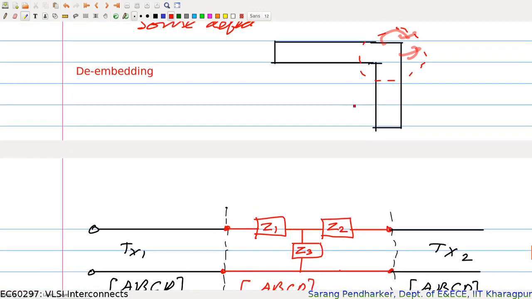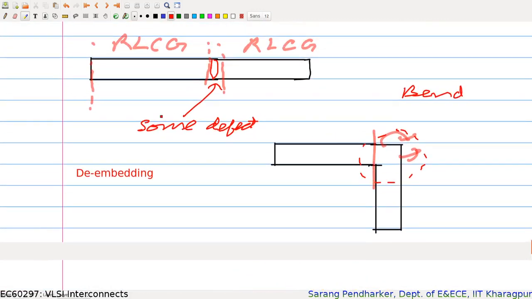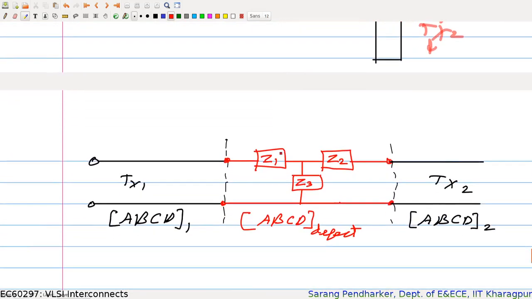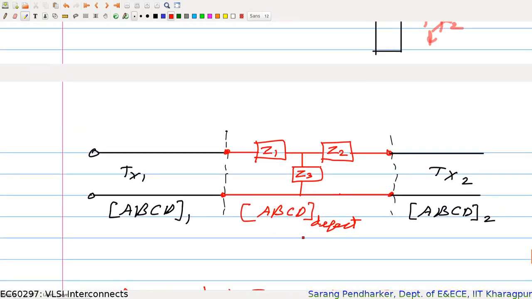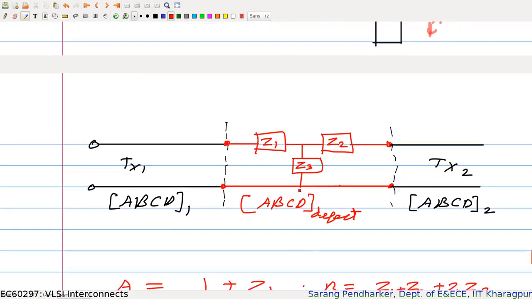So what we do is that we break this into say Tx1 and Tx2, or here also we break this into Tx1 and this part into Tx2. What we can do is that we can represent this defect or also bend by a T network or pi network.